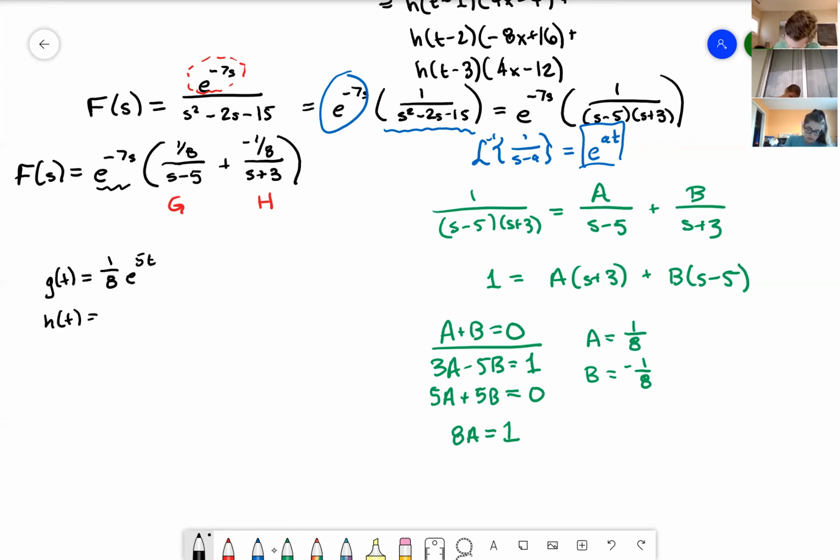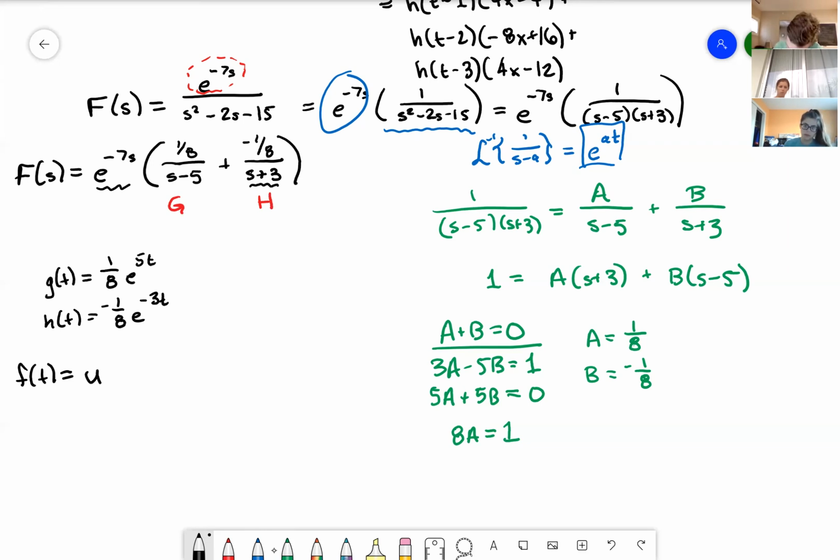H of t equals negative 1/8 e to the negative 3t, because it's being shifted backwards by 3. S minus negative 3. Okay, so now we're going to get f of t. This is going to be the shifted version of g plus h. So it's going to be shifted forward by 7.